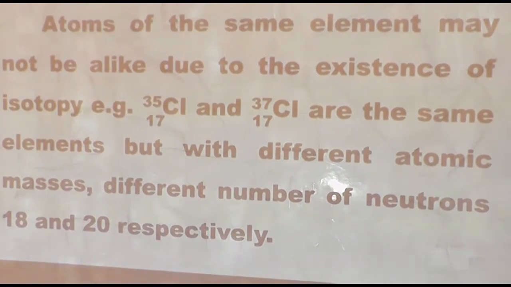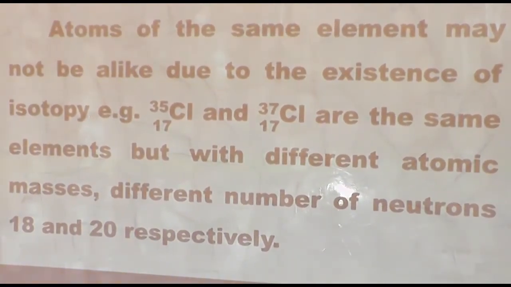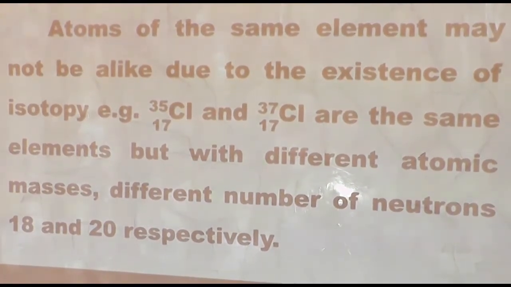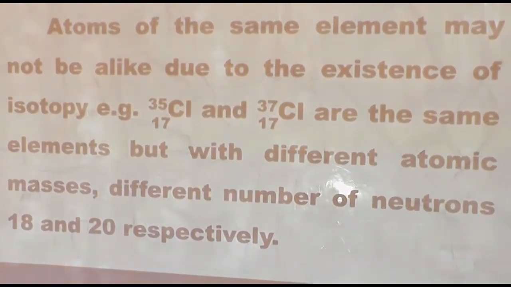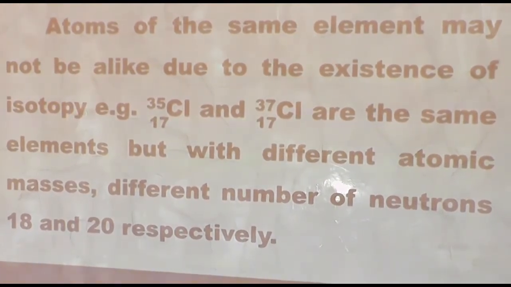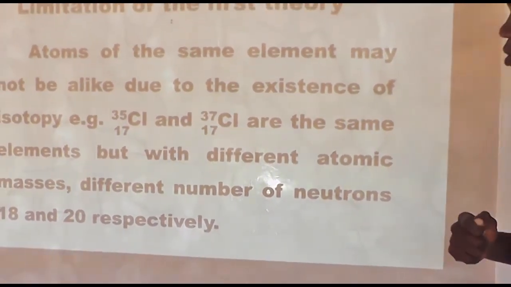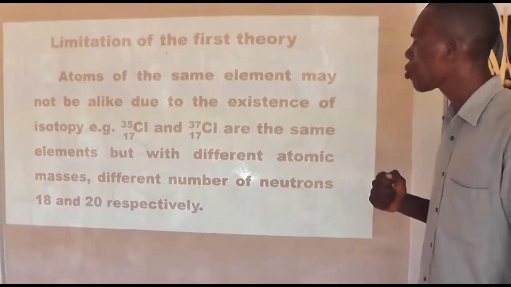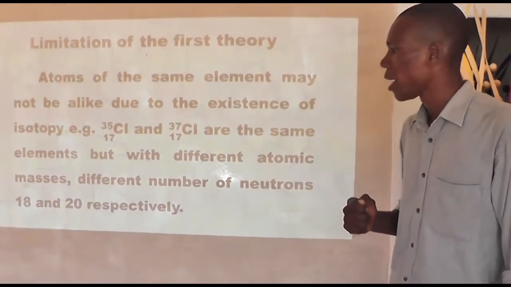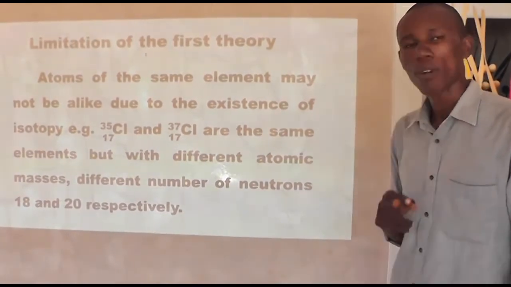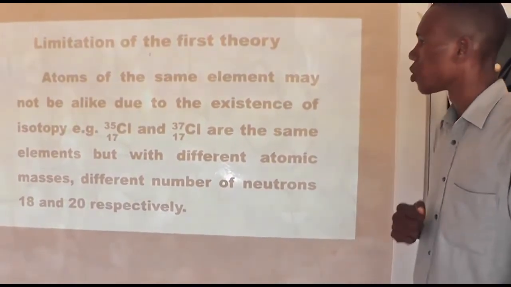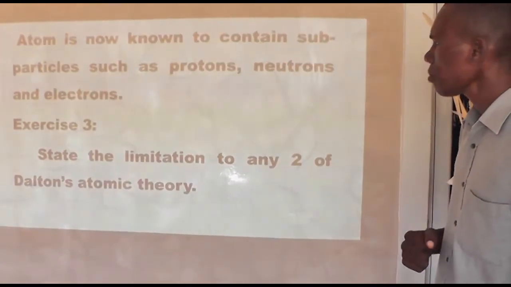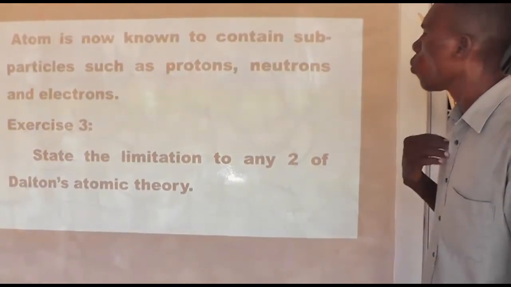While the second isotope, known as chlorine 37, has a mass number of 37 and atomic number of 17. The number of neutrons will be 37 minus 17, which gives us 20. Therefore, the number of neutrons in the two isotopes are 18 and 20 respectively.